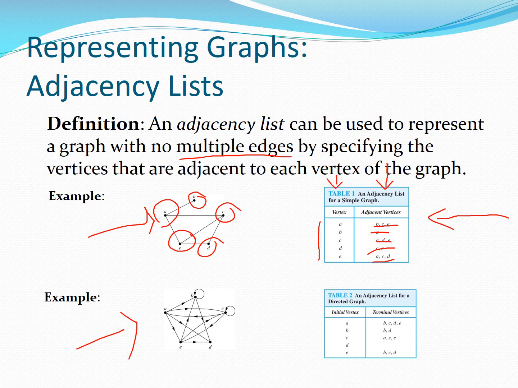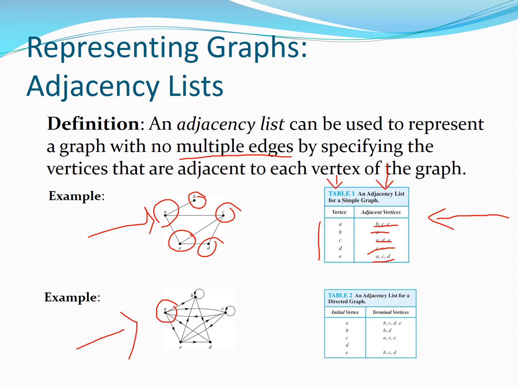Okay, so now let's take the second example, which is a directed multigraph with loops in it. Let's pick a vertex. You are going to list all the vertices that are connected to A through an outgoing edge from A. That is important in here.